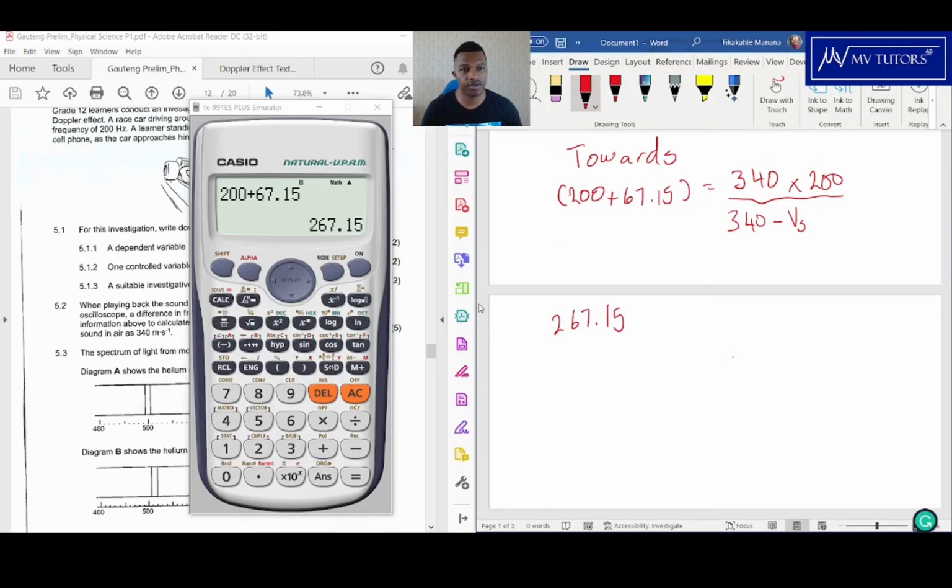Now what I want to do is get rid of this fraction, so I'll multiply everything with that fraction, which is going to be 340 minus Vs, and what's left this side is just that 340 times 200. So this is just gymnastics now. If I multiply that in, say times 340, I get 9831 minus 267.15 Vs, it's going to be equal to that.